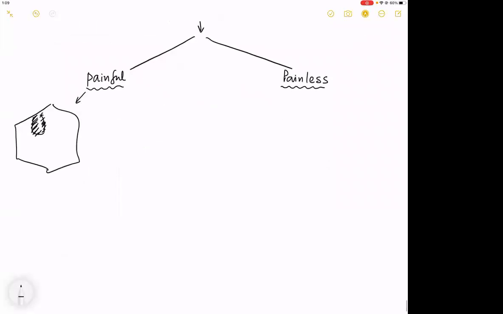If it is painful, that means the gallbladder lump here is a painful lump. What is important is to take a history of acute cholecystitis, followed by fever, chill and rigor, plus minus mild jaundice.